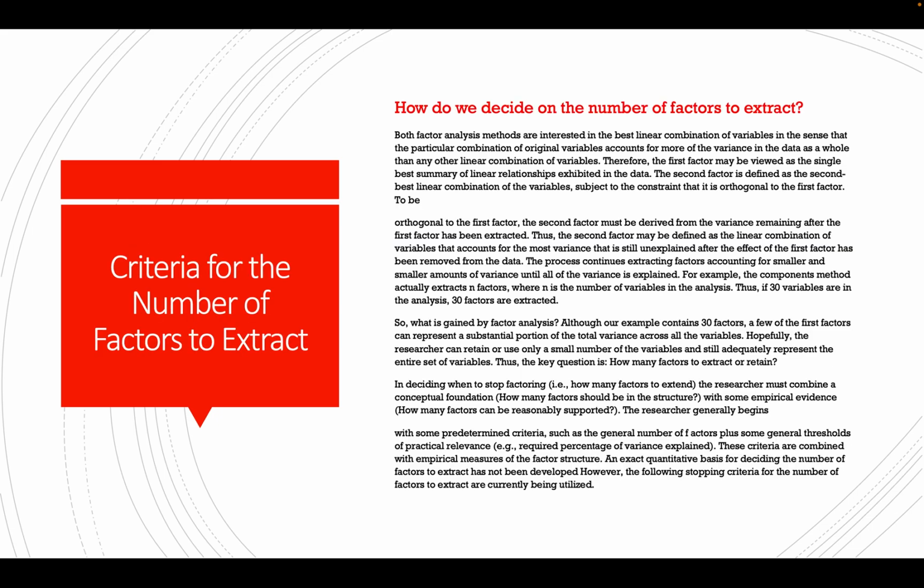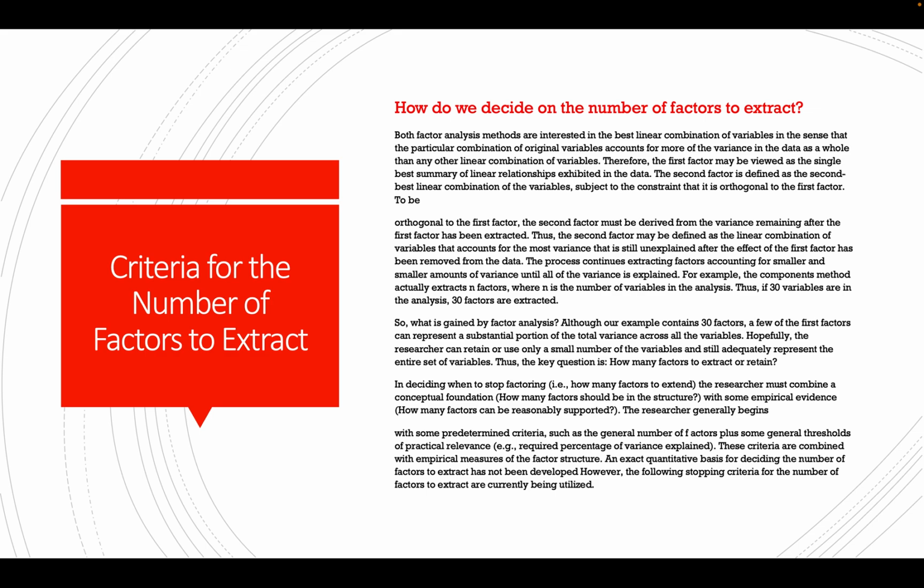How do we decide on the number of factors to extract? Criteria for the number of factors to extract. Both factor analysis methods are interested in the best linear combination of variables, in the sense that the particular combination of original variables accounts for more of the variance in the data as a whole than any other linear combination of variables.